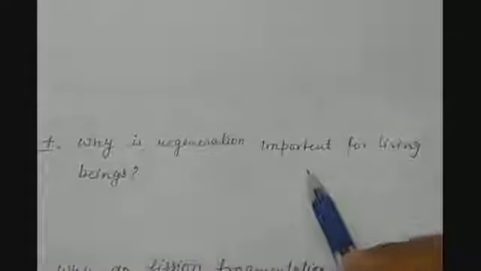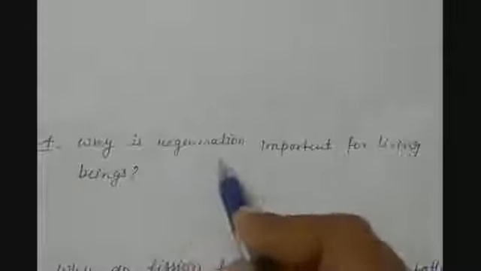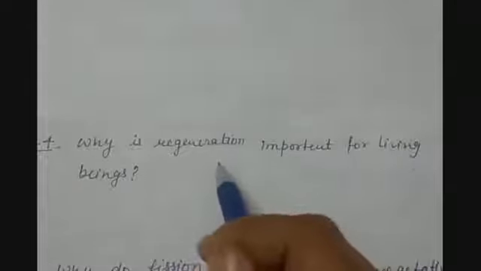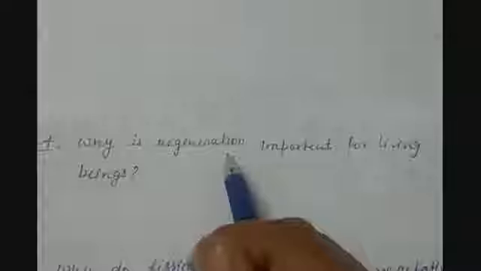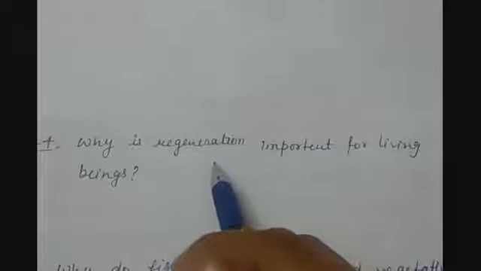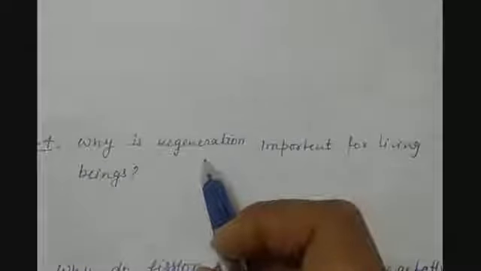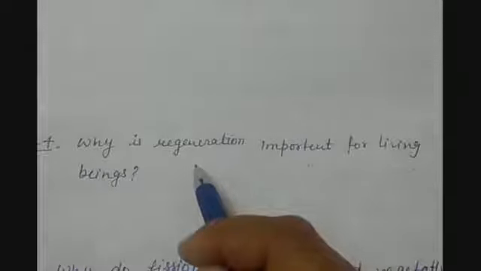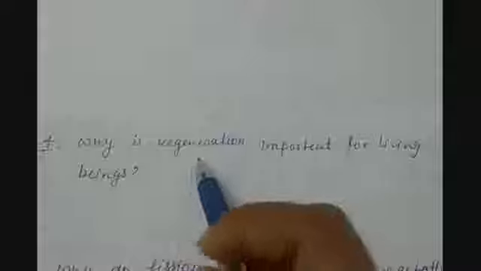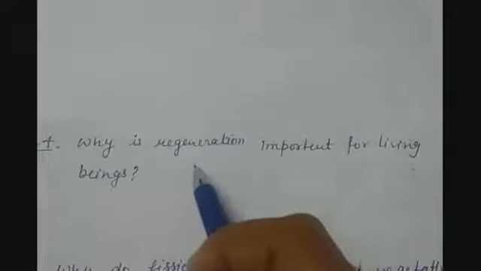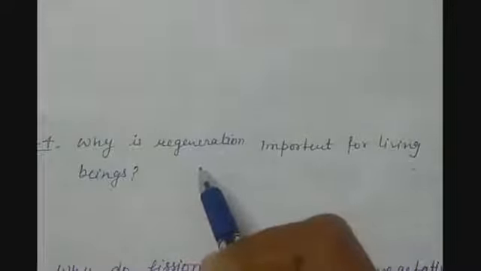Question number 4 is, why is regeneration important for living beings? So children, as we know, regeneration is a process of developing the lost body parts. The lost parts which are removed or cut or lost by some accident or injury to the organism are regrown or redeveloped.